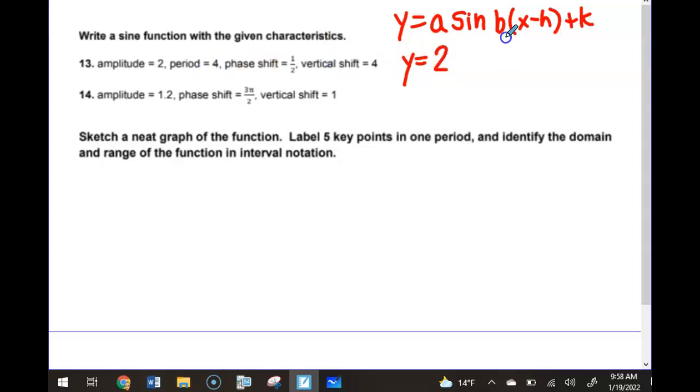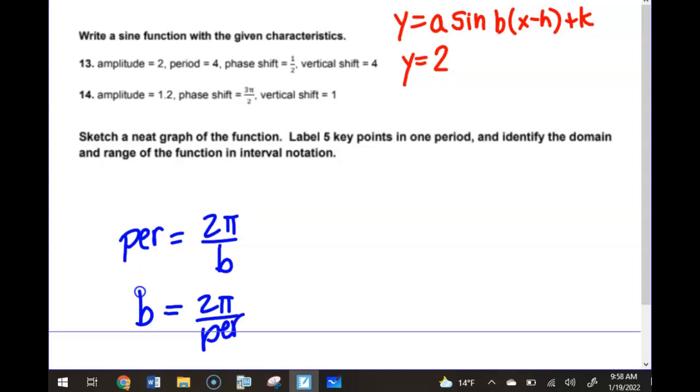That doesn't mean we put a 4 in there, though. Do you remember that? If the period is 2 pi divided by b, that also means b is 2 pi divided by the period, because if we cross multiply, we can divide by the other one.